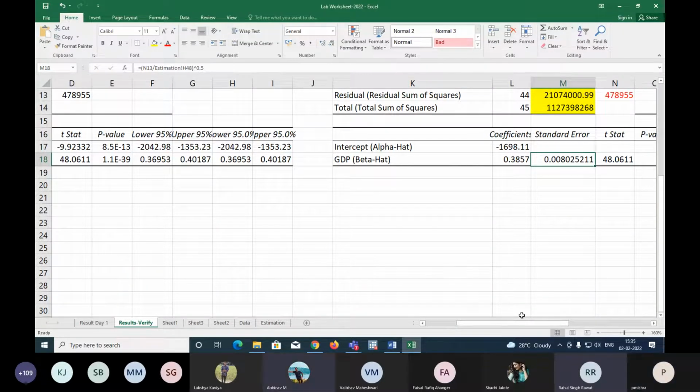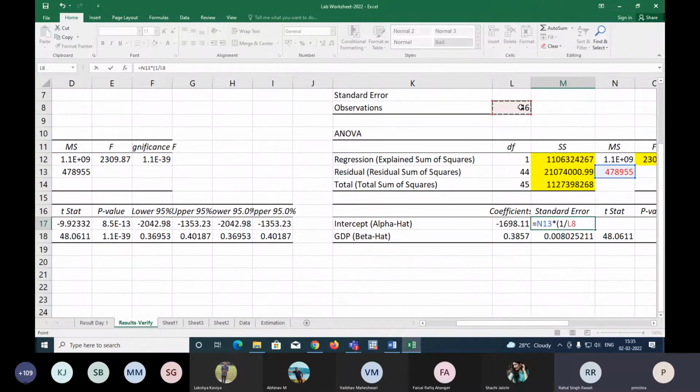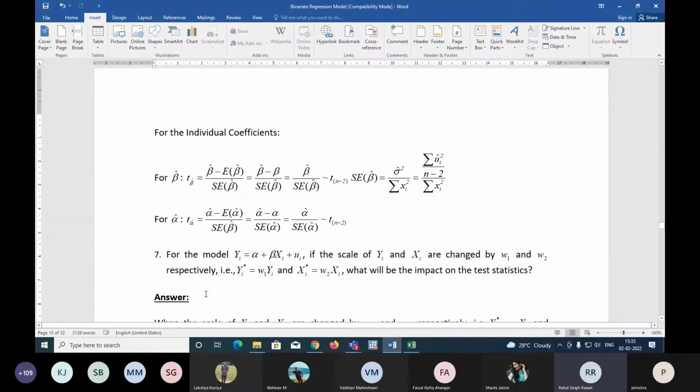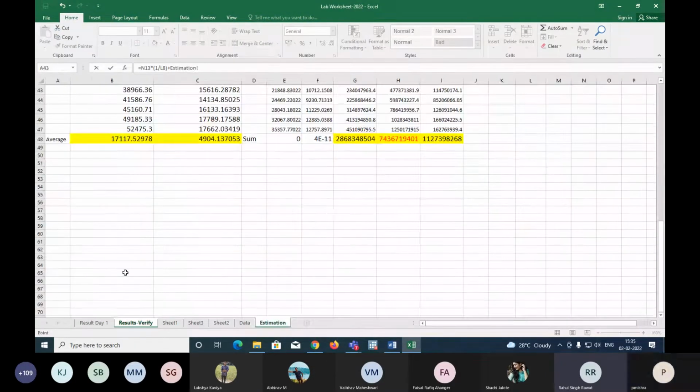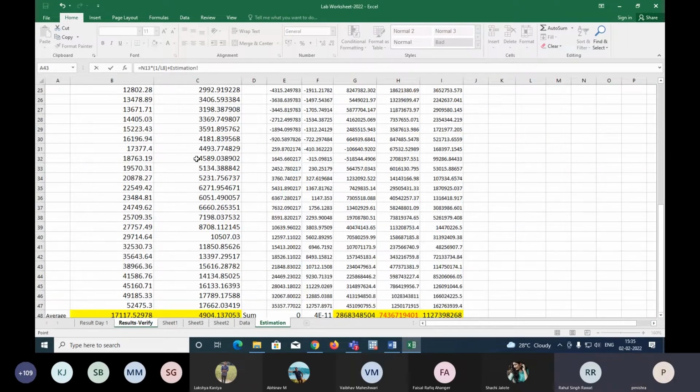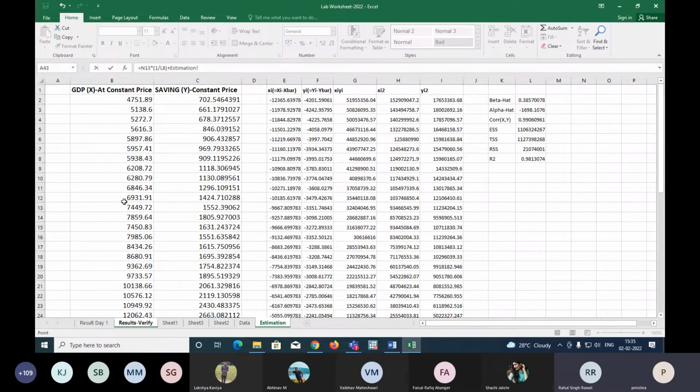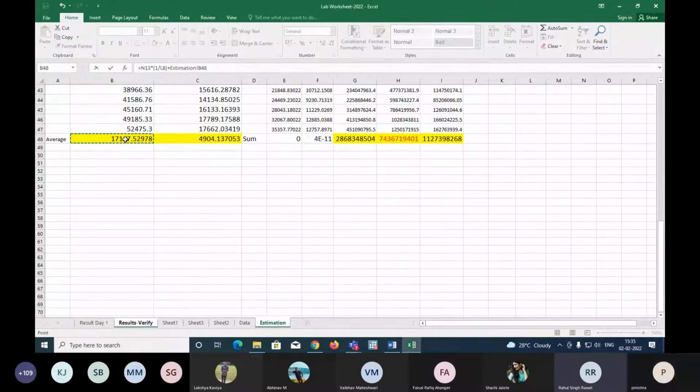Yes, sir. Now let us get the standard error of this. How to get it? Again, sigma hat square into 1 by n, where n means 46 here, plus x bar square. I have x bar in this sheet. Which one is x bar? X bar is in column B. So this is x bar.